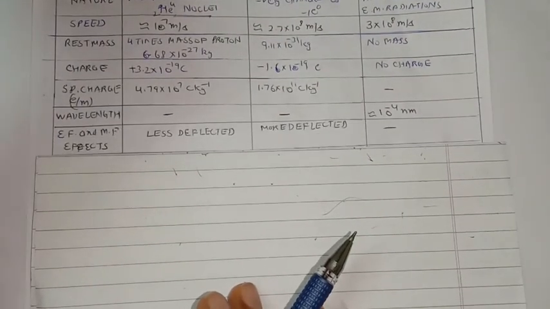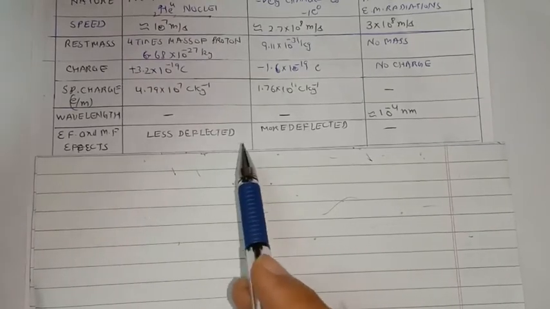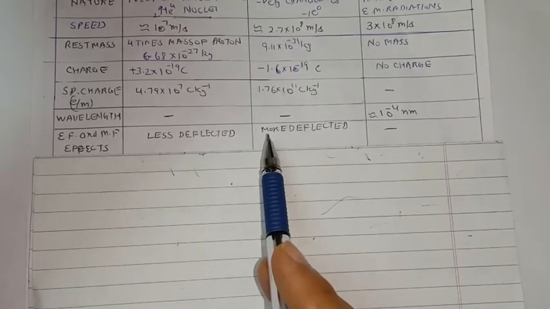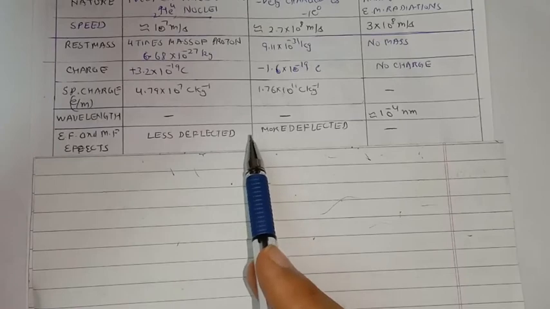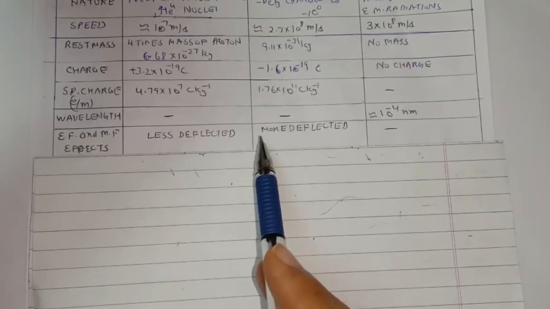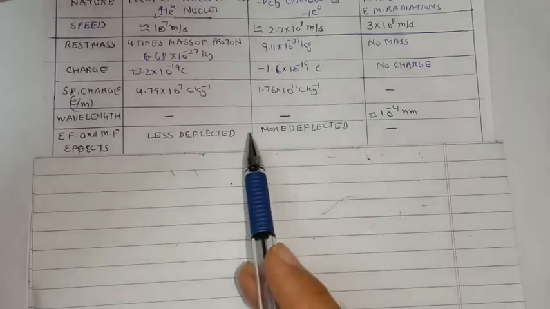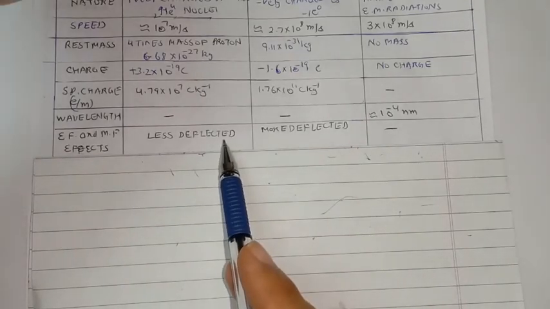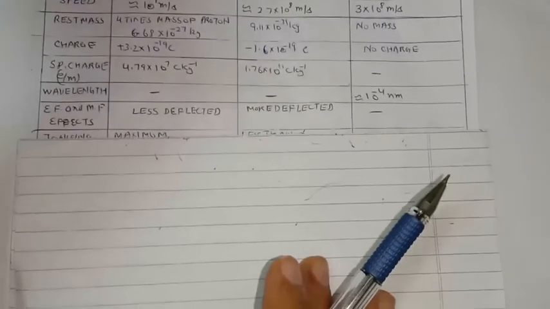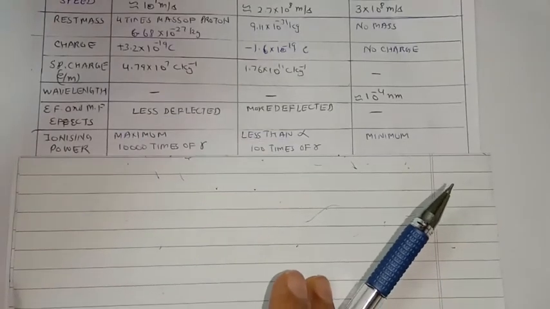Effect of electric and magnetic field. We have just seen that alpha and beta, because they are charged radiation, can be deflected with electric and magnetic field, but they do not have any effect on gamma radiation. Moreover, alpha particles being heavier are lesser deflected, beta particles are more deflected. Ionizing power.